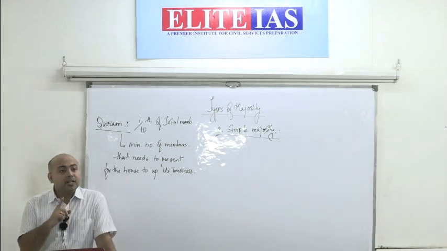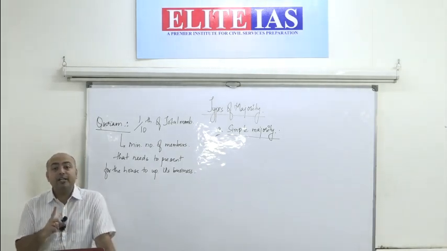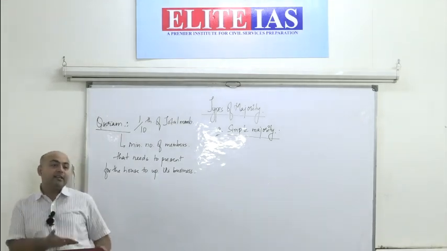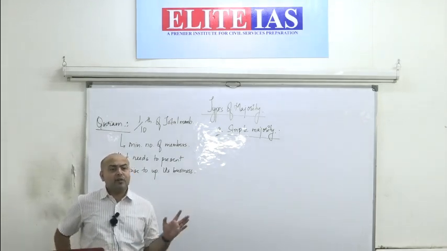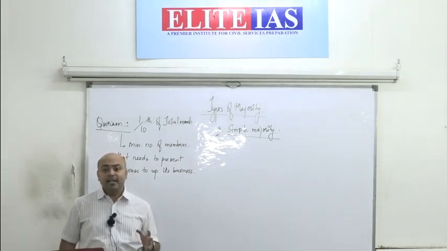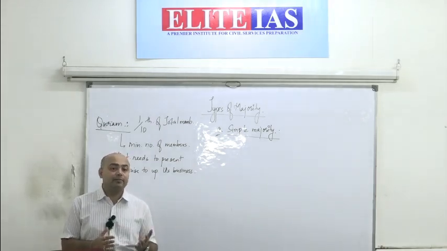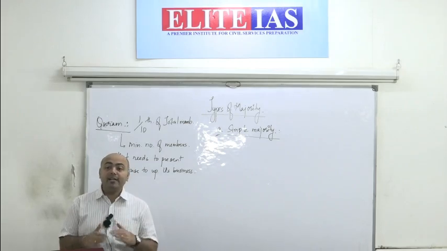Why? Because once a political party gets absolute majority, it means political stability. Last year you could see that for the 5 years that were there, we knew that this political party is going to be in power, and whatever happens, there will not be political instability.